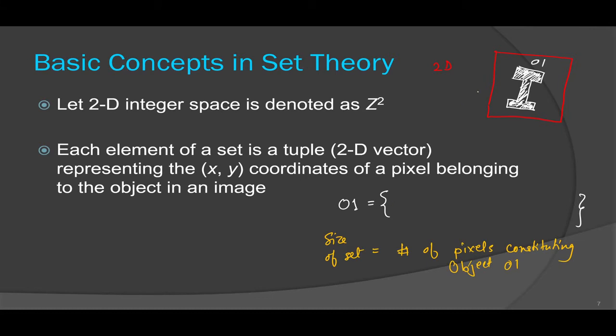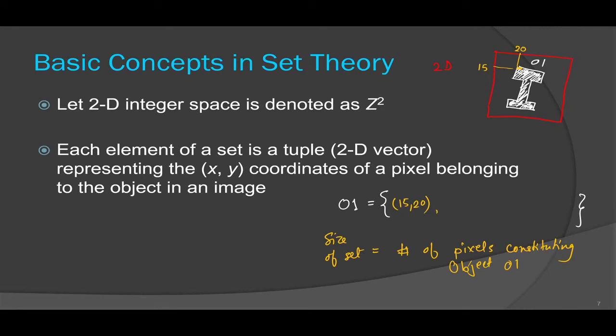Each element of this set represents one pixel of the form x comma y. Let us assume that this is a pixel, and for this pixel the x coordinate is say 15 and the y coordinate is say 20. This is simply an assumption. So this pixel that belongs to this particular object is at the location 15 comma 20. That 15 comma 20 is the tuple and it is one of the elements in my set.